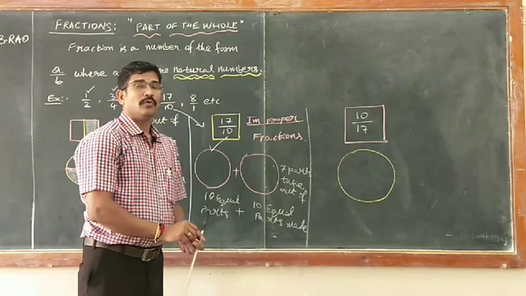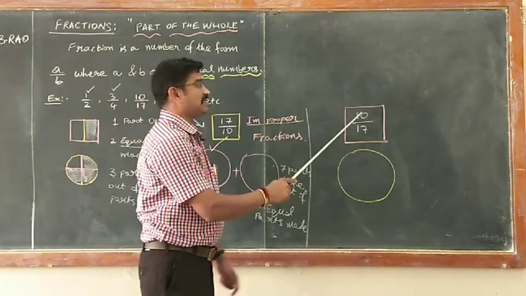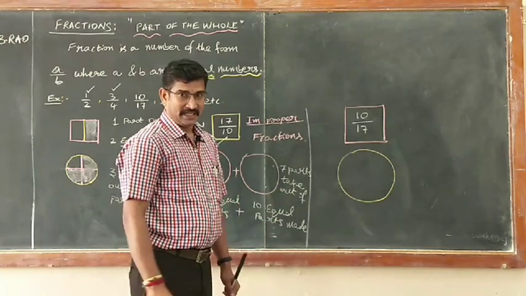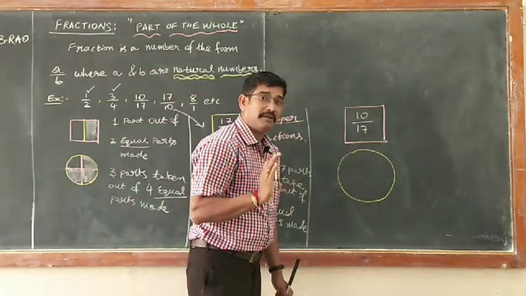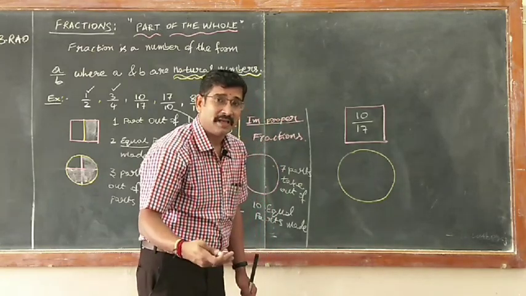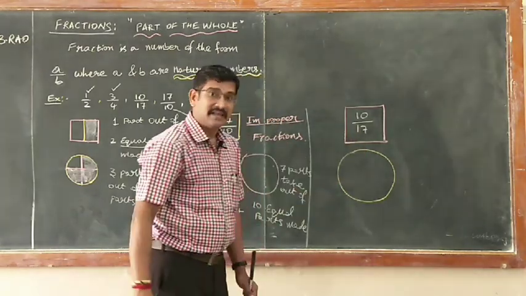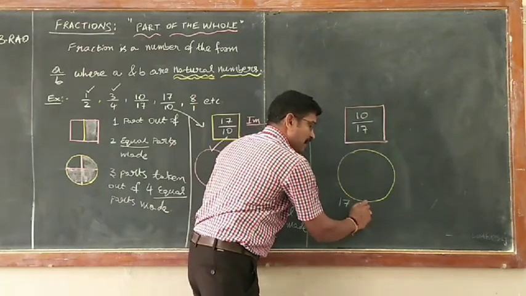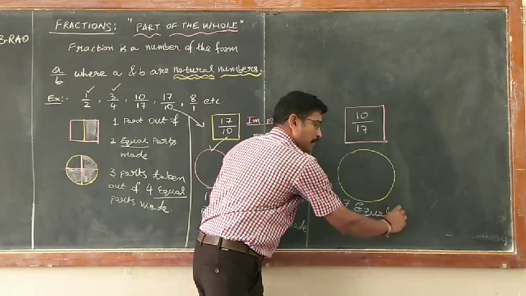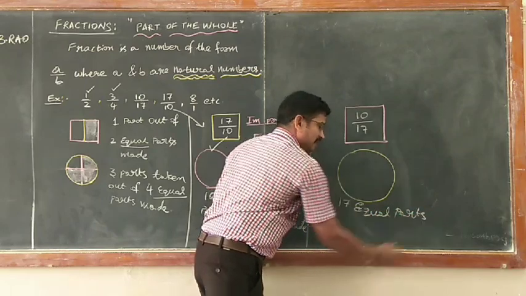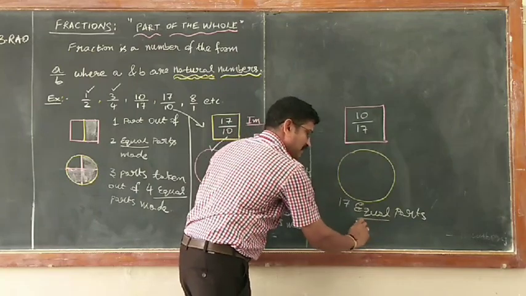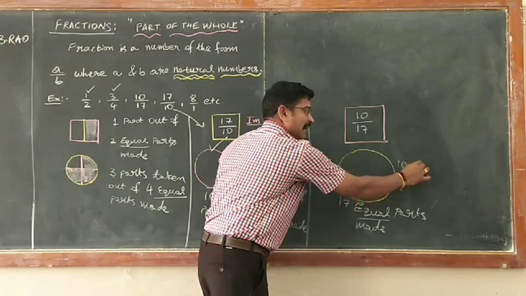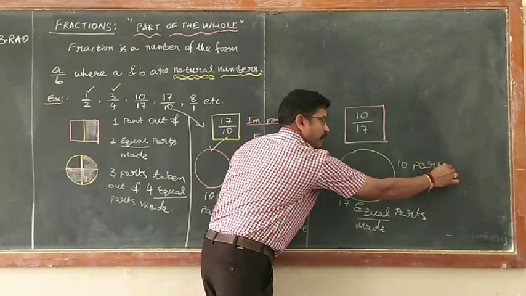Now, let us see another example which I gave, 10/17. In this 10/17, remember, how many equal parts are we making? The denominator tells us that. We made 17 equal parts, and we are taking 10 parts out of the 17 equal parts made.